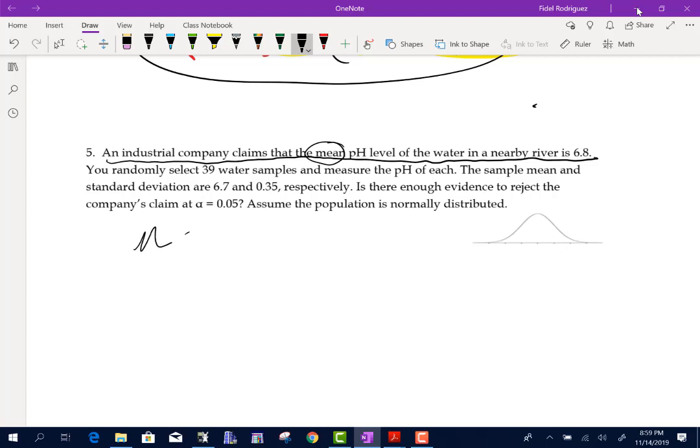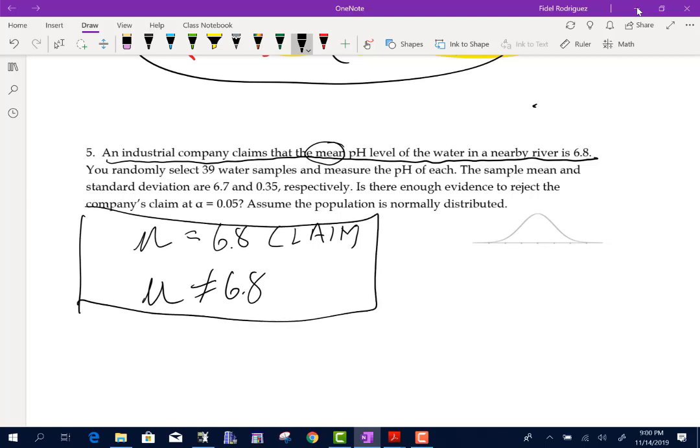The funny looking U is equal to 6.8. That's our claim, isn't it? Okay, there's my claim to fame. All right, now, what is the opposite of saying something is equal to 6.8? It's not equal to 6.8. Okay. All right, so I'm going to put this stuff in a box right here, okay? Now, guys, which one is my H0 and which one is my Ha?